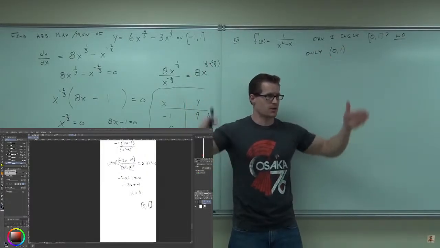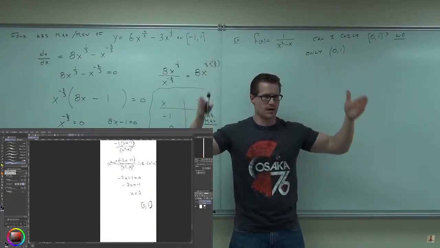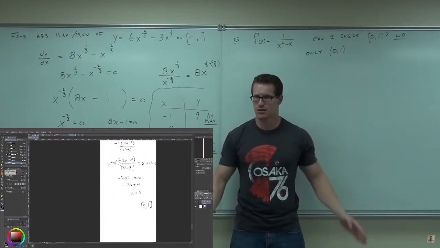It could be going like this, right? In that case, we'll have an absolute min, but not an absolute max. It could be going like this. In that case, we'll have an absolute max, but not min.